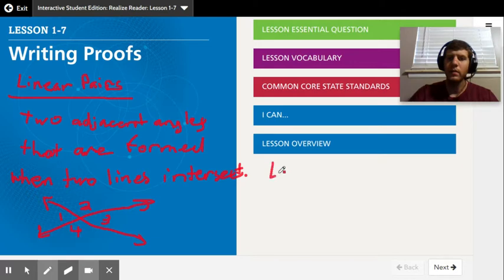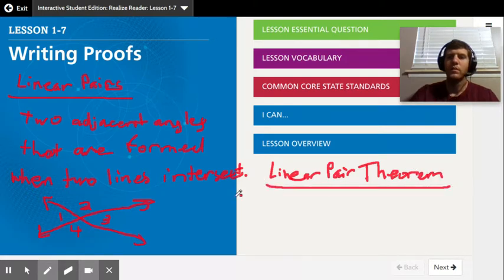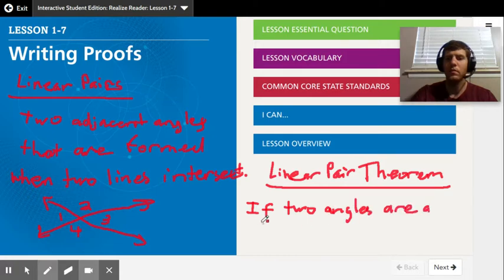And then we have the linear pair theorem. Okay, so this theorem says if two angles are a linear pair, so that's your hypothesis, if two angles are a linear pair, then they are supplementary.